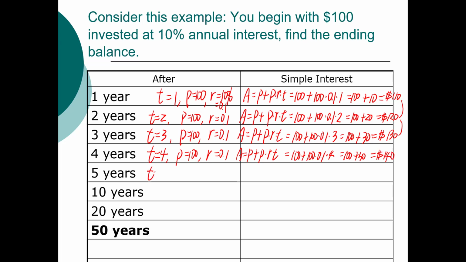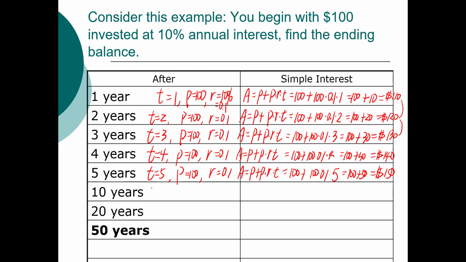When time T equals 5 and principal is 100, rate is 0.1, the ending balance is principal plus principal times R times T. That's 100 plus 100 times 0.1 times 5, that's 100 plus $50. So this is $150.